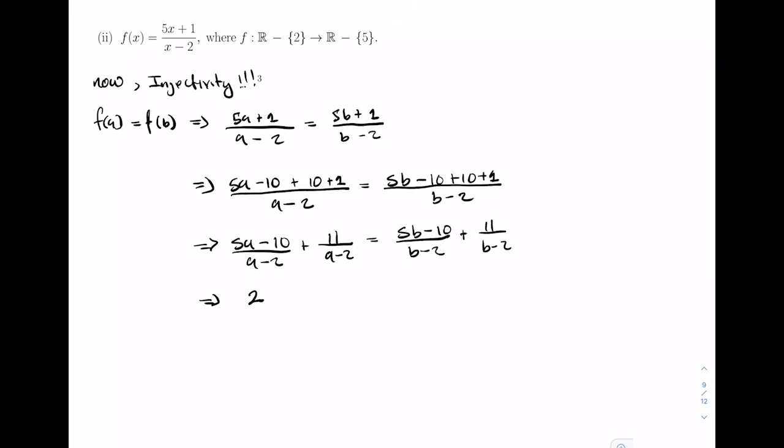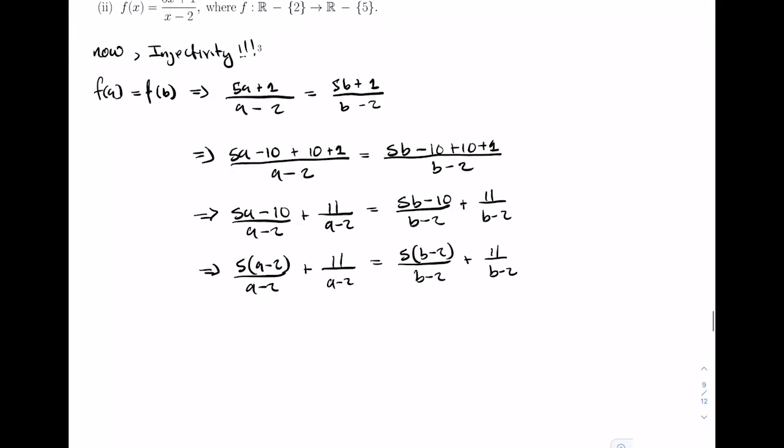5 times (a minus 2) over (a minus 2) plus 11 over (a minus 2) is equal to 5 times (b minus 2) over (b minus 2) plus 11 over (b minus 2). This then implies that 5 plus 11 over (a minus 2) is equal to 5 plus 11 over (b minus 2).